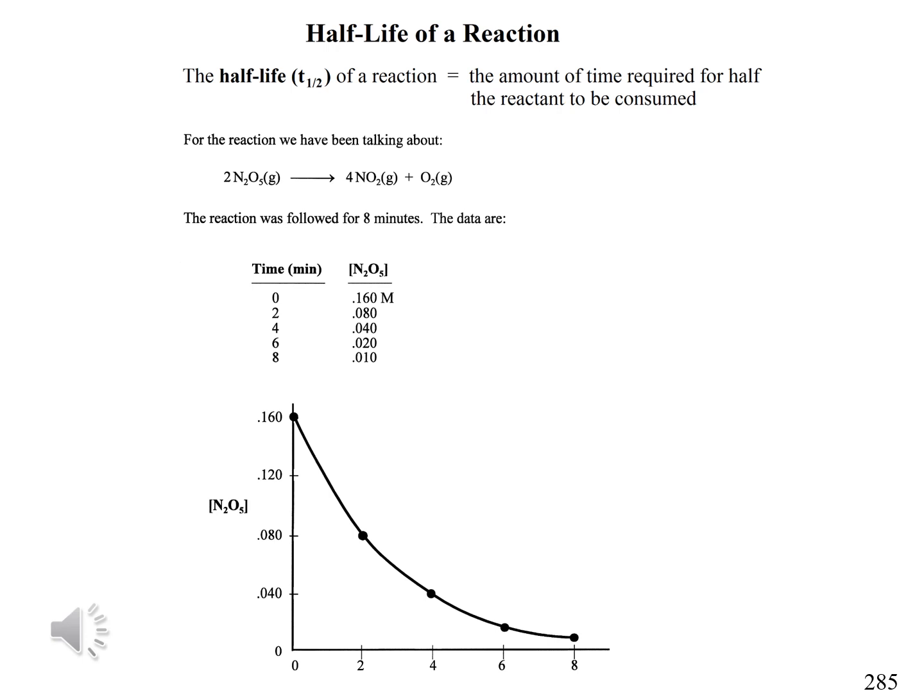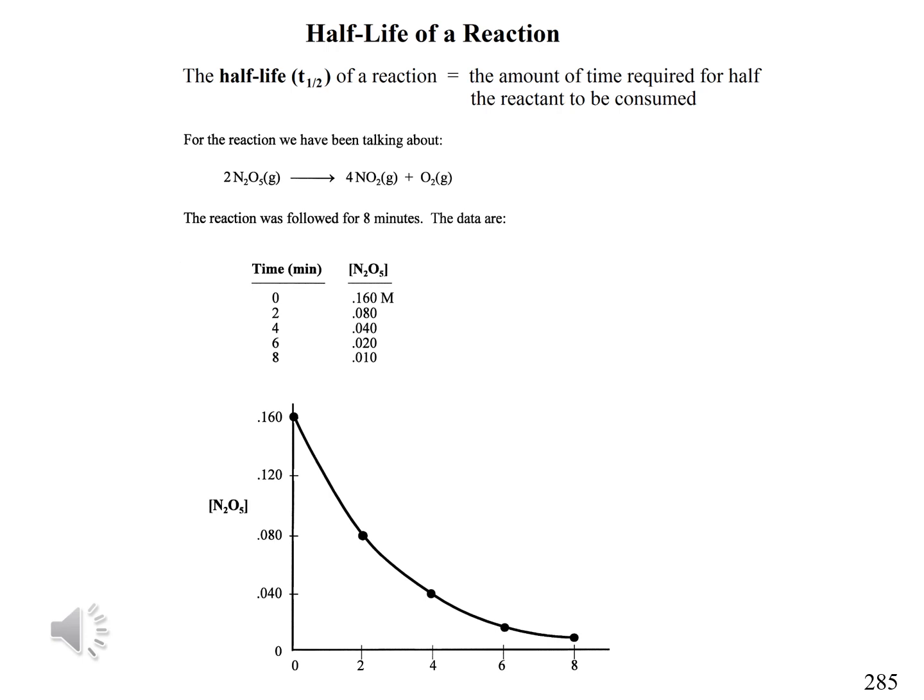The next concept that we have to talk about is what's called the half-life of a reaction. And the abbreviation for this that they use is T sub 1/2. What this is, it is the amount of time that's required for the original substance to go down to half the concentration that it was.